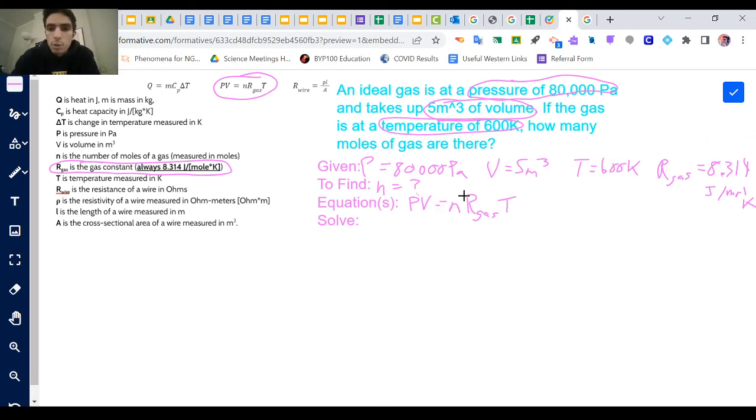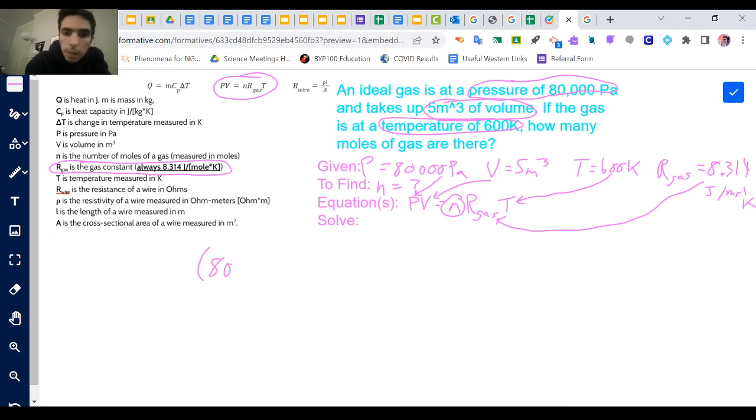Okay, so now we're going to plug the stuff we know into this equation. So we've got our pressure, our volume, our temperature, and our gas constant. And the only thing we're really trying to solve for is this n, the number of moles of gas. So if we rewrite all this, plugging in everything we know, I'm going to leave out units here.